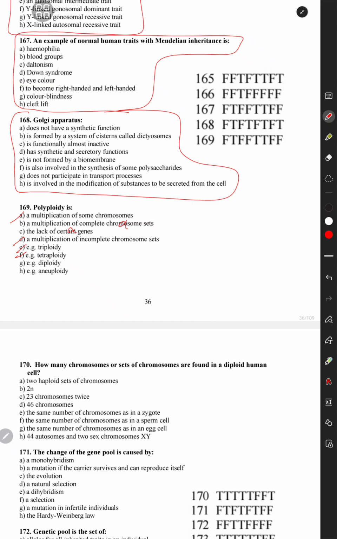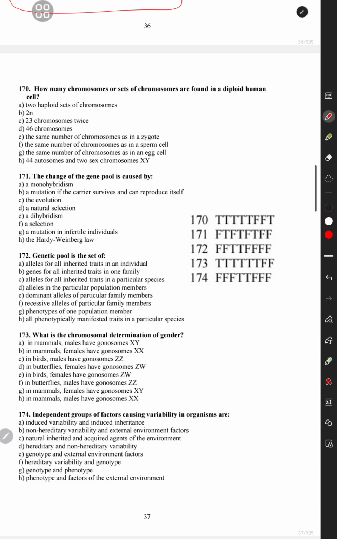Triploidy and tetraploidy. 169. False true, false, false, true, true. Multiplication of complete chromosome sets. Polyploidy.